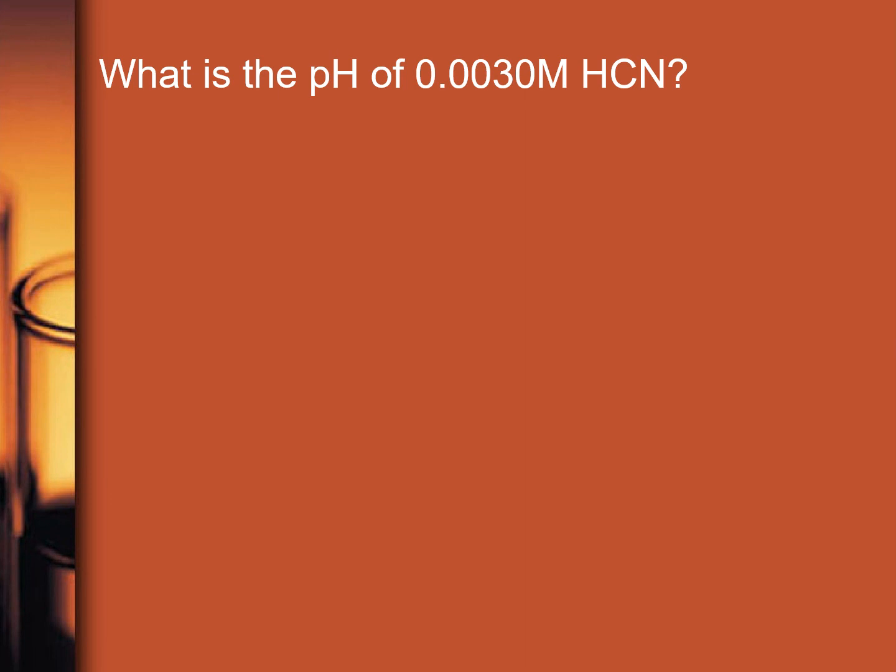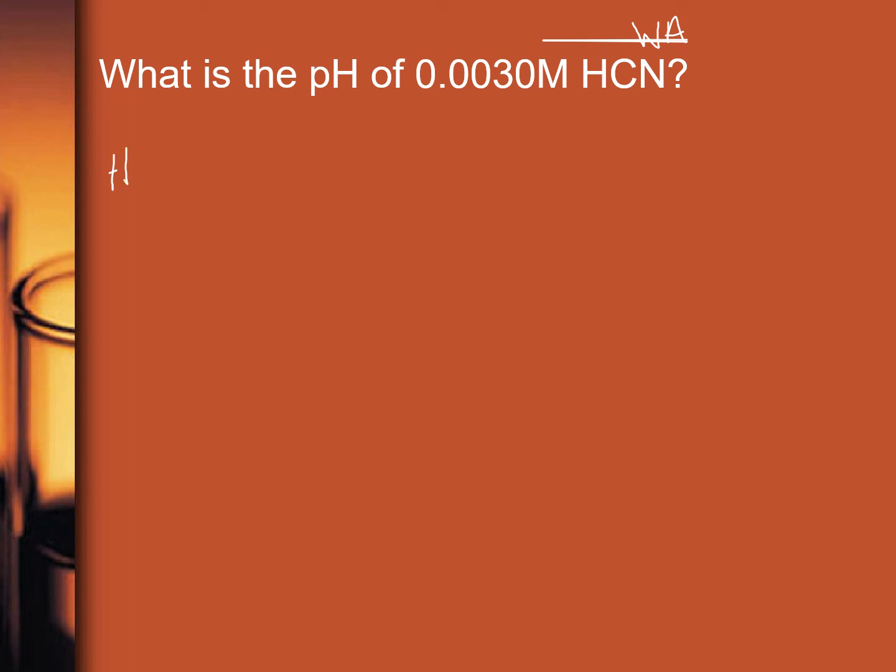Here, we want to know what's the pH of 0.0030 molar hydrocyanic acid. Now, this is a weak acid. So we do not have to do salt hydrolysis because it's already an acid or a base, whether it's weak or strong. So we remember that with weak acids, we have to do ICE tables.